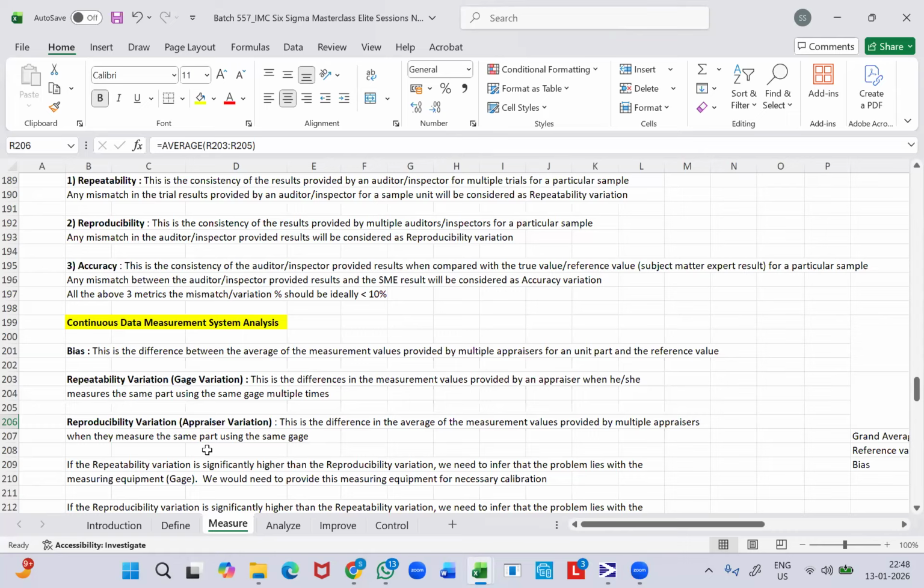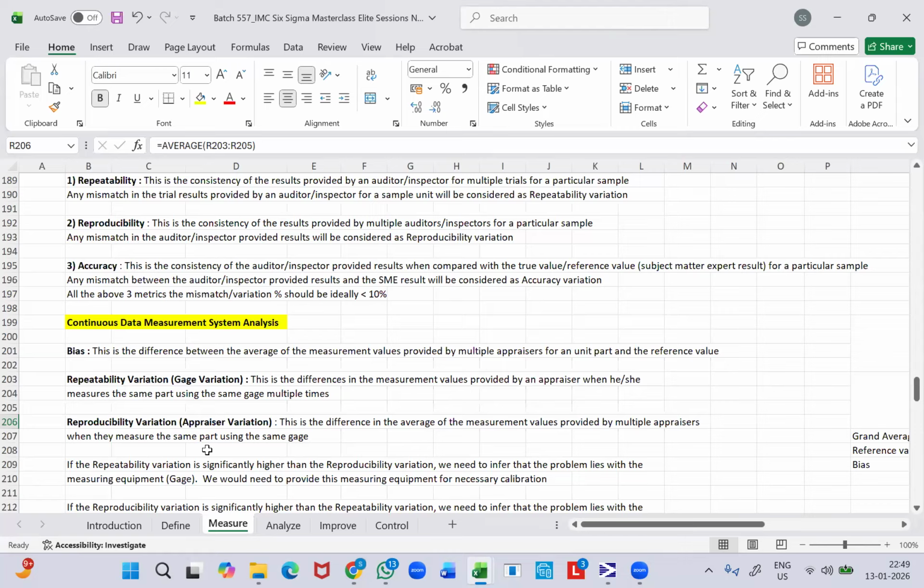In this particular scenario that I am explaining, the repeatability variation is significantly higher than the reproducibility variation. So they would have asked you in that question, what is the problem here? We need to pick the option: the problem lies with the measuring equipment, because you find the repeatability variation to be significantly higher than the reproducibility variation.